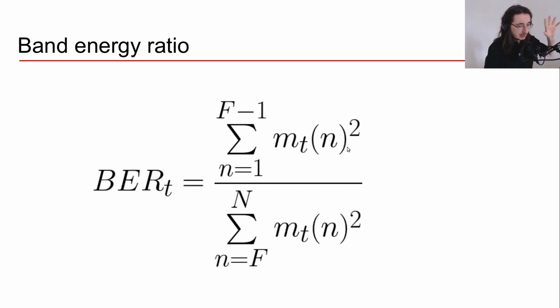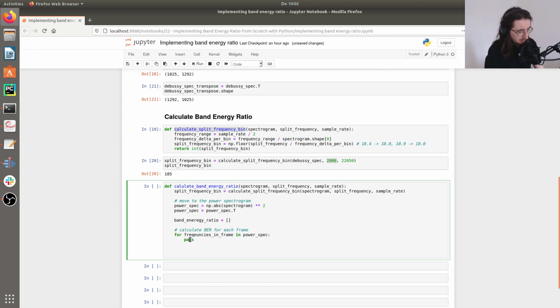So what we want to calculate is these two items. So the numerator and the denominator. So the numerator is basically the sum of the power in the lower frequencies, and the denominator corresponds to the sum of the power in the higher frequencies. So let's do that. So we'll do sum power low frequencies.